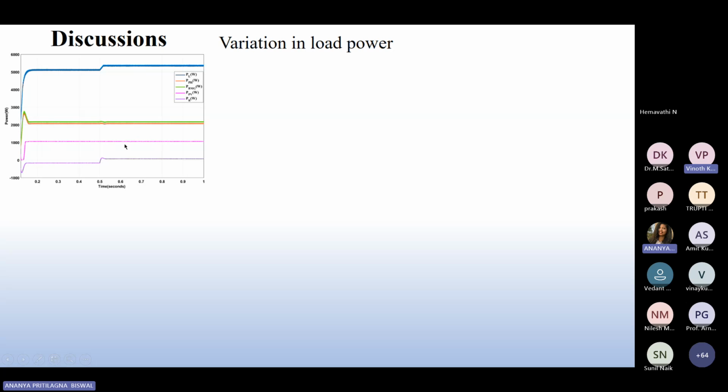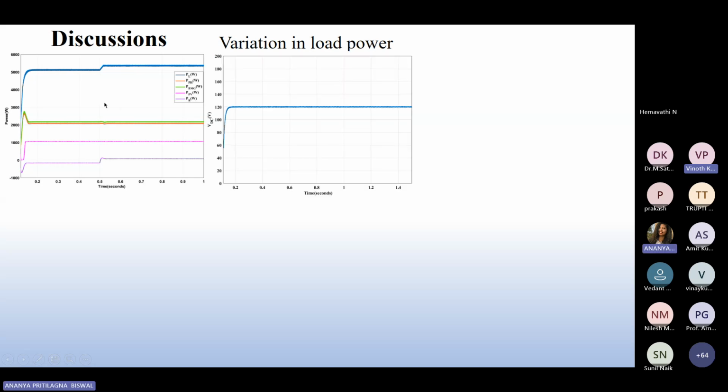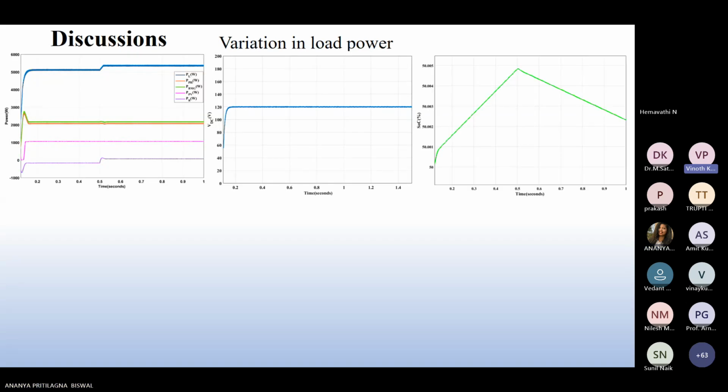Like PV is maintained at 100 kilowatt, biomass and pico hydel maintained at 2 kilowatt, but load is increased from 5 kilowatt. This is the DC link voltage, which is maintained irrespective of the load change. This is the state of charge of the battery during this change in load.